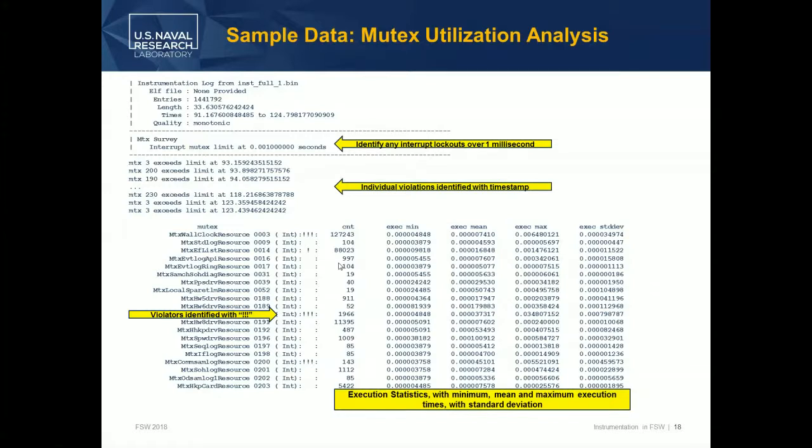These are the violators, and these are the kind of things that would show mutex 3 exceeded the limit at that particular time. So not only do you say that it exceeded the limit, you can go back to the long form report and see what the events were and why it was a problem there. These are reports that represent our early runs before we do our performance tuning, so this is our starting point to figure out where we need to make our improvements.